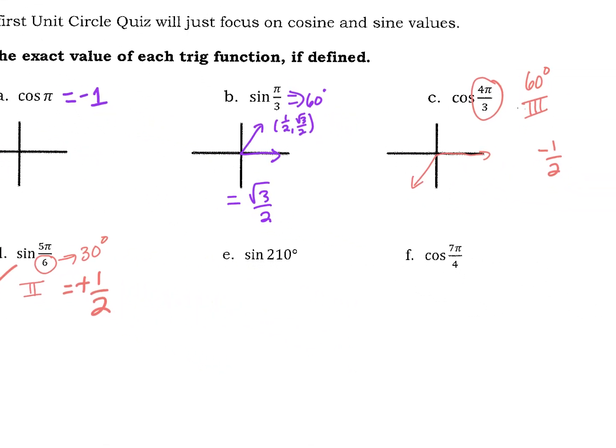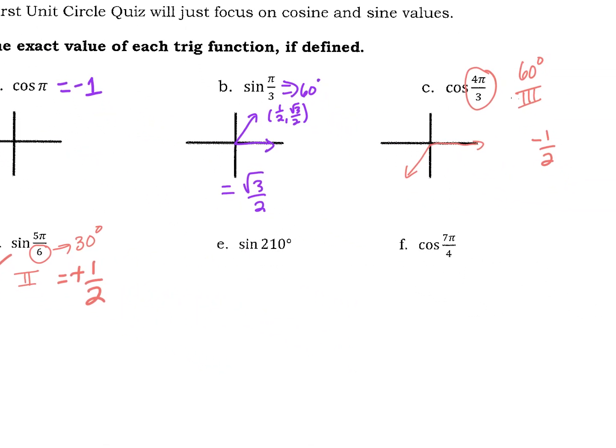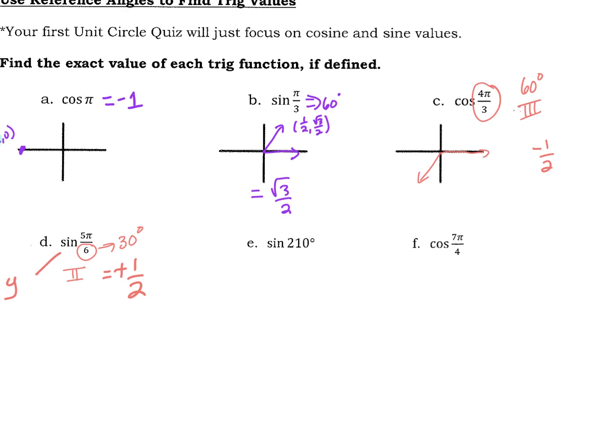Onward, 2 more. Okay, sine of 210 degrees. The first thing I'm going to think about is the fact that sine means I'm looking for a y coordinate. 210 degrees I know is in quadrant 3. And 210 degrees I also know is a 30-degree reference angle.